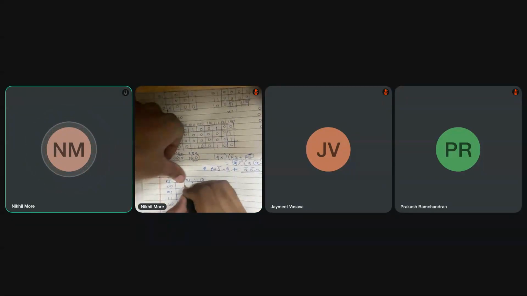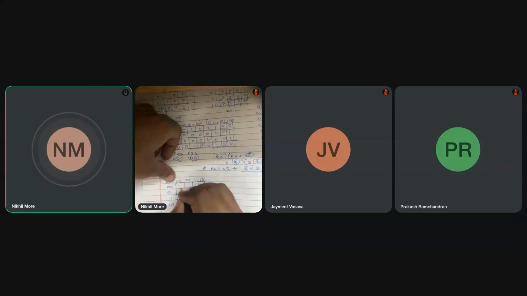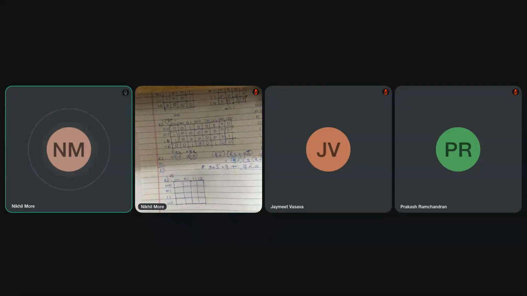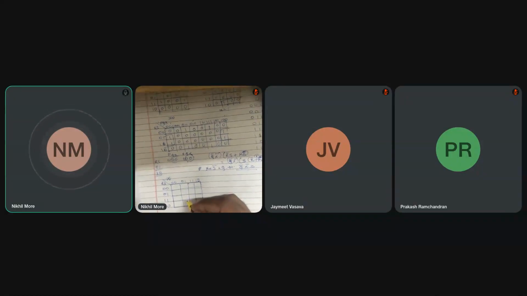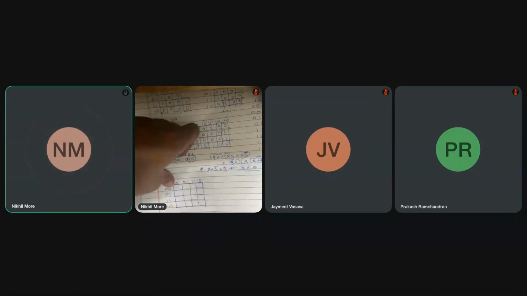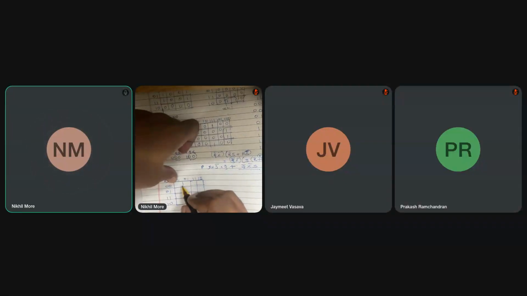There are certain patterns. Suppose I take a pencil dark enough to explain. So these are minterms, we could say, in POS.